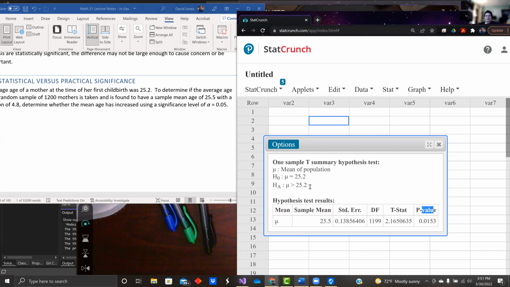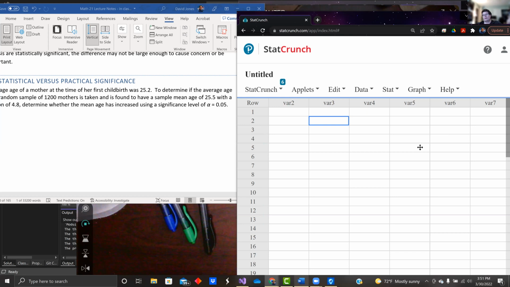Your goal on the hypothesis test is to tell me H naught and HA, and tell me what kind of decision we're making and give me a sample state or a concluding statement. So I'll do all the computer work for you. It'll be all done. You just need to know how this process works and what those decisions are at the end. So hopefully you will find that to be easier.